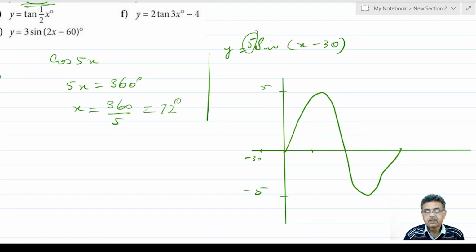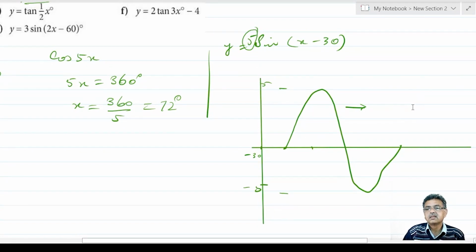Now the graph has to slide 30 degrees towards the positive side, towards the right. Or in other words, you can say that this line is moved 30 degrees towards the left.